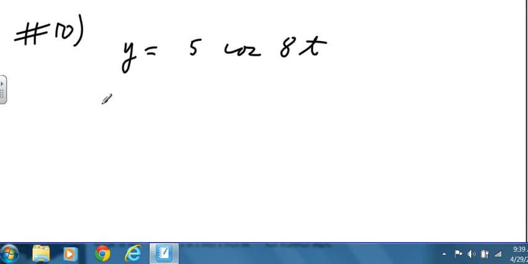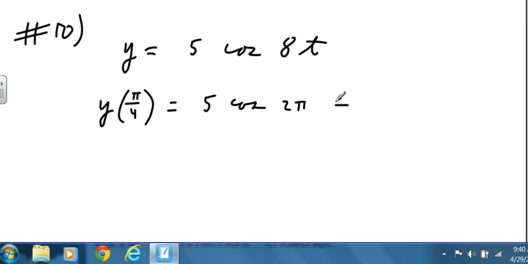Okay, well, we'll do that first. So y of pi over 4 is equal to 5 cosine of 2 pi. Well, the cosine of 2 pi is 1, so this is just 5. Okay, so we did that part first.